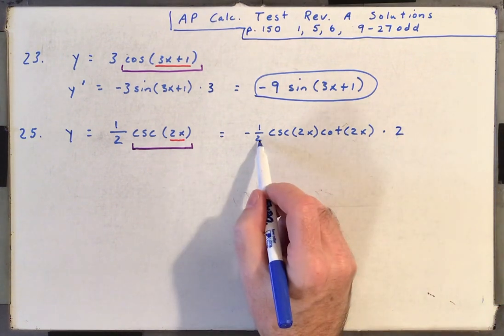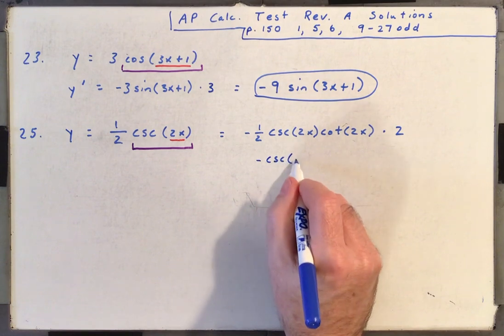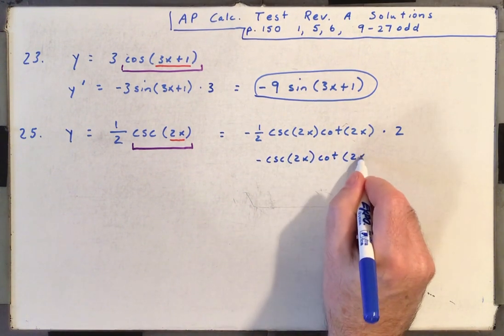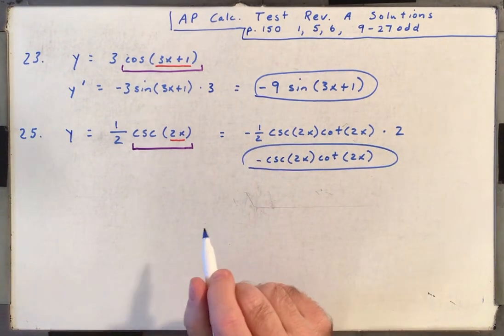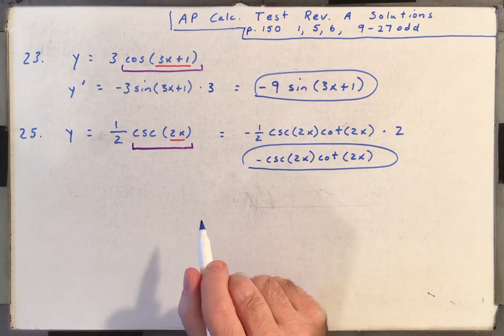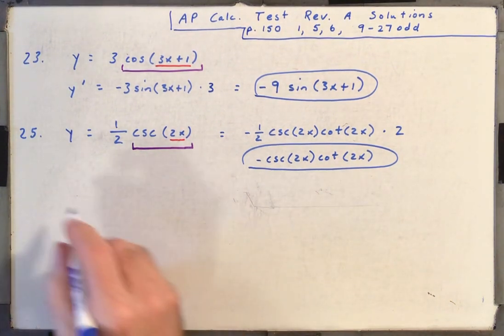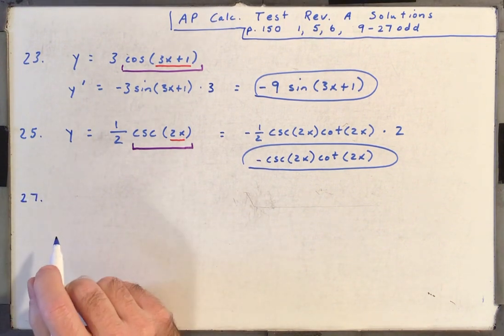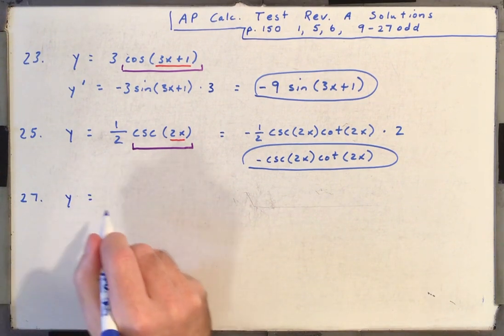So the 2 and the 1/2 will cancel, and you have minus cosecant 2x cotangent 2x. Okay, not too bad at all. So it looks like in this assignment we don't have any 3-layer onions, but you do need to study those because I would expect you would get one on the test.